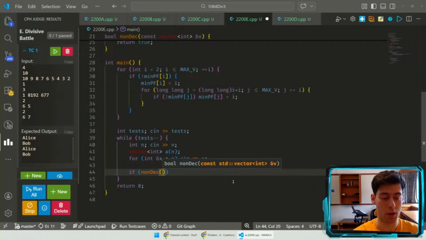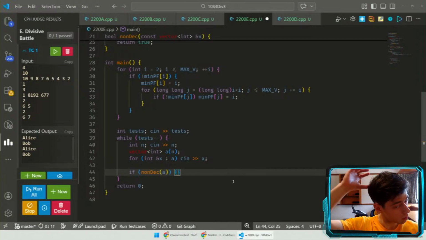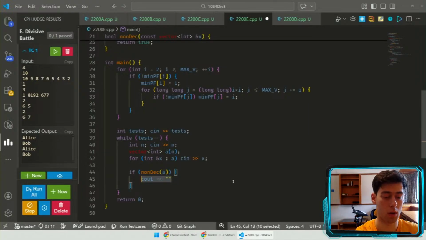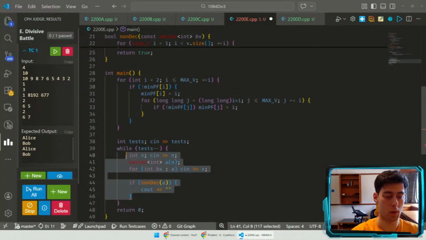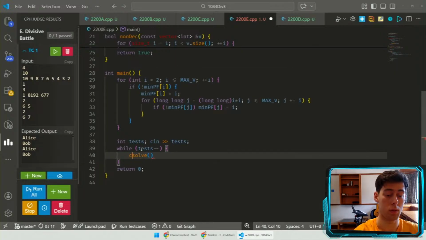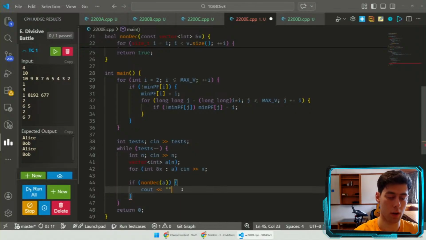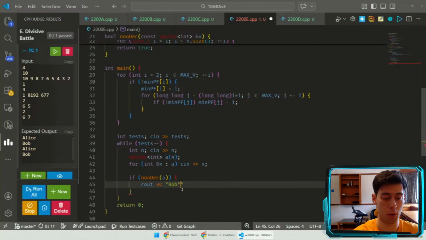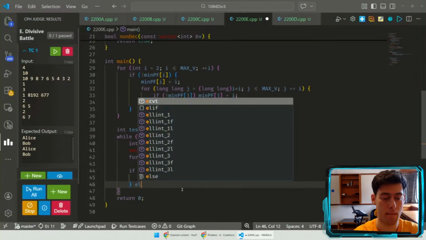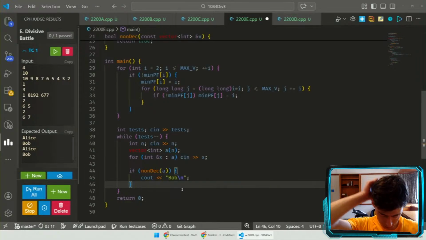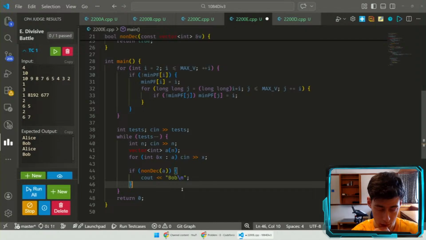If it's already non-decreasing, I kind of want to have this. Okay, I'm just going to see how Bob wins. No, otherwise you have to check if they're all prime.